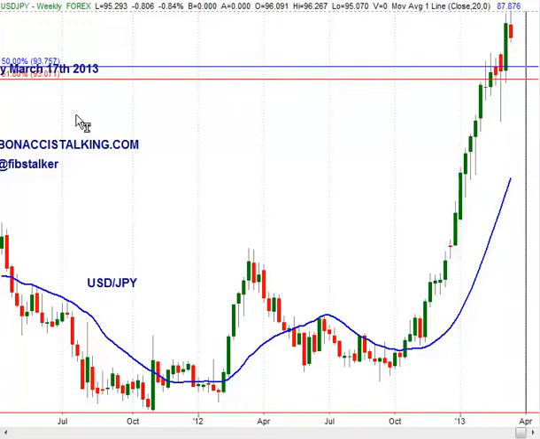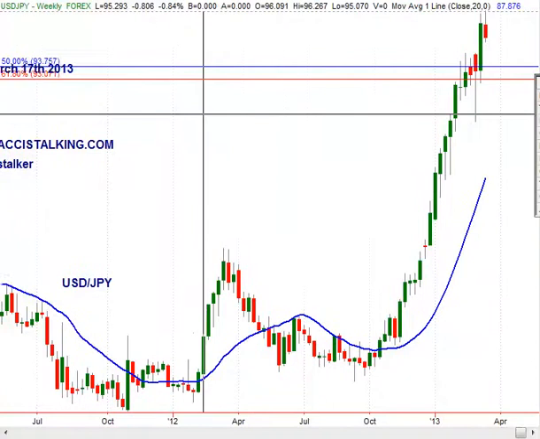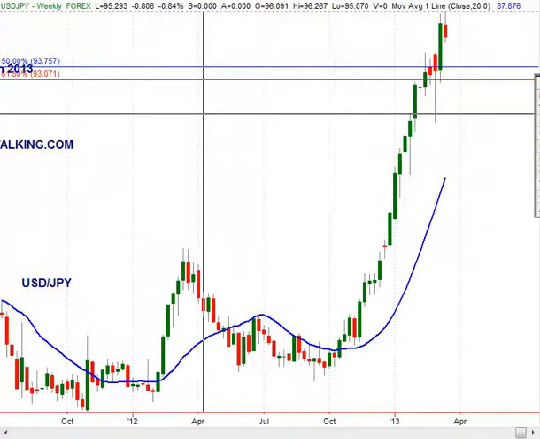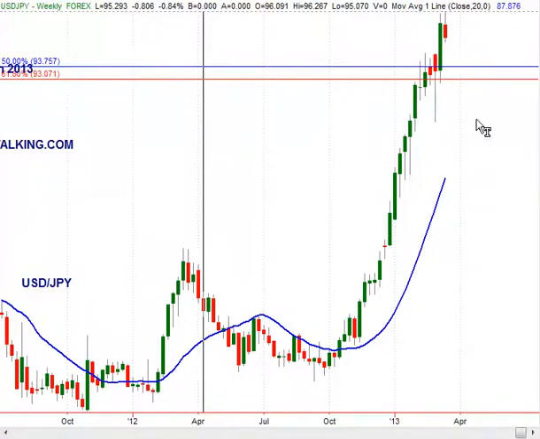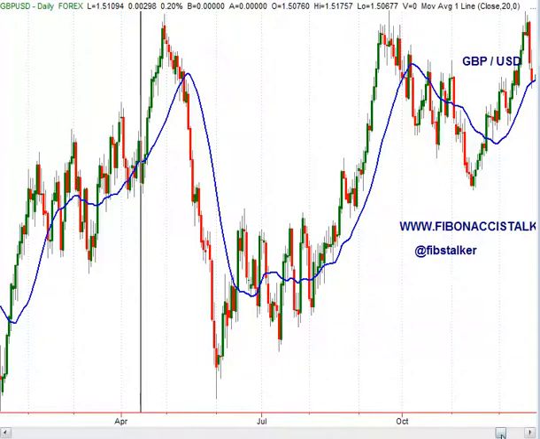So what I can say here is that if we get to the 93.80 area and we never dip below the 93 level, then we can actually continue higher. But this could reverse as soon as the weakness in the US dollar starts again.